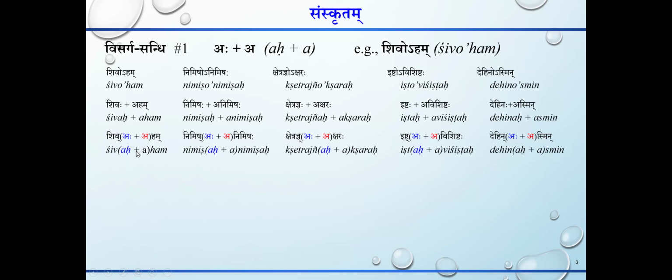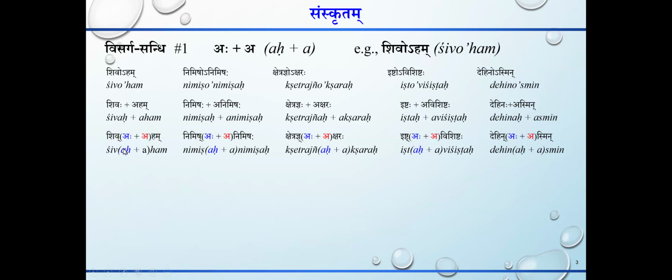Okay, so I separated them. Now, what is the first step you do? You find out what the varnas are. So my parentheses mean those inside the parentheses are the participants in the sandhi process, and those outside the parentheses are there but are not active participants because they're too far away from the point of action.